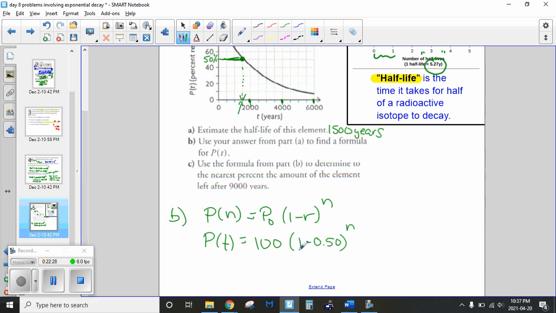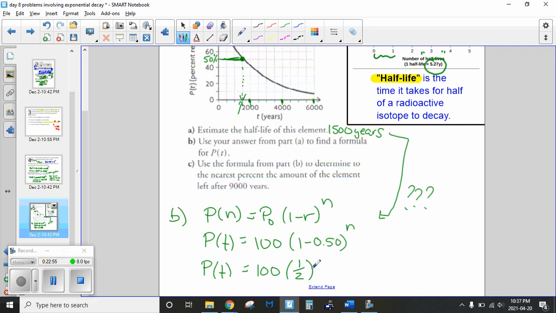Okay, so there's two things that can be changed here. The bracket can definitely be simplified, and I've got to do something with that 1500 years. Like, how does that fit into this picture? So I'm going to include that in this next step. So we're starting with 100%. One take away 0.5 is 0.5, or get this, half.